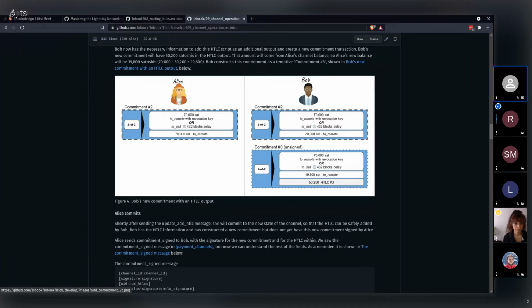So once that HTLC gets settled, or that payment secret gets back from whoever is getting the final payment, Bob will merge that 50,200 back to his 70,000. So then finally the balance will look like 120,200 on Bob's side and 19,800 on Alice's side, keeping the total sum of 140,000 constant.